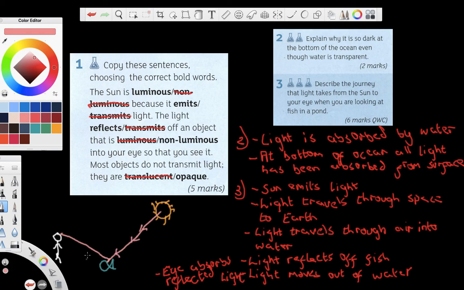Whenever we draw diagrams like this, we draw arrows on the light rays to show which way they're going. So the sun emits light, the light travels through space to Earth, the light travels through the air into the water, it's reflected off the fish, the light moves out of the water into the air, and the eye absorbs this reflected light. So 6 marks for those.